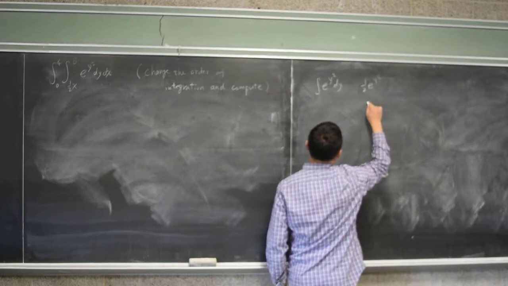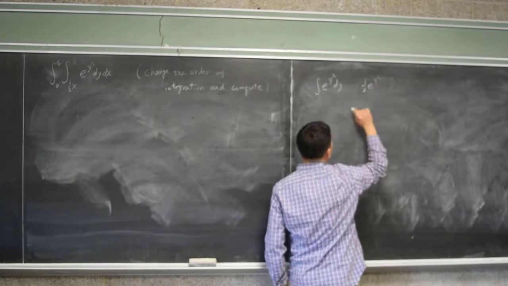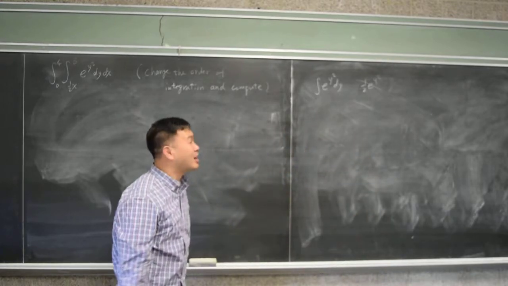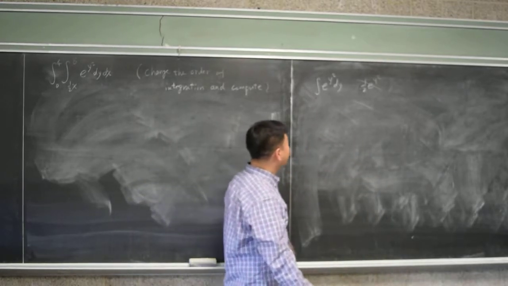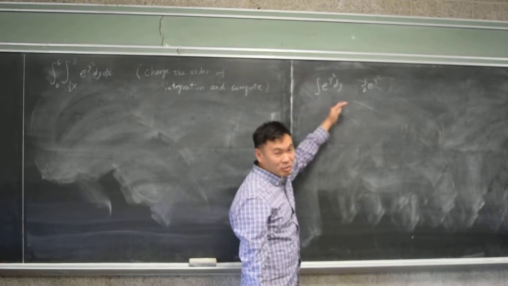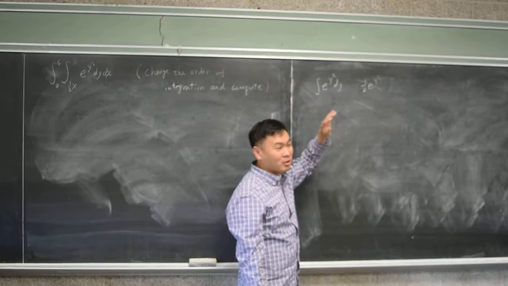Some of you wrote whatever. I mean, you try it, whatever you write, it's not going to work. The integral of this cannot be represented by any of the sine, cosine, exponential, anything that you know.